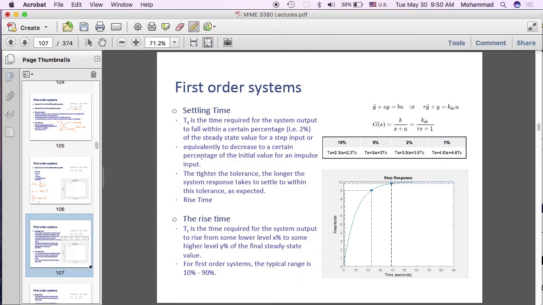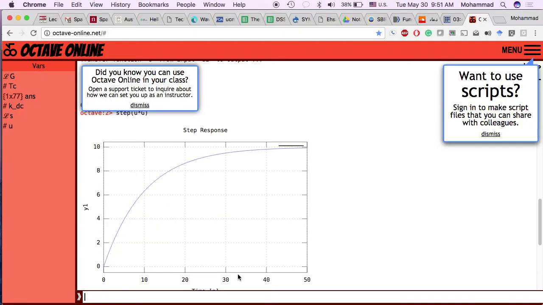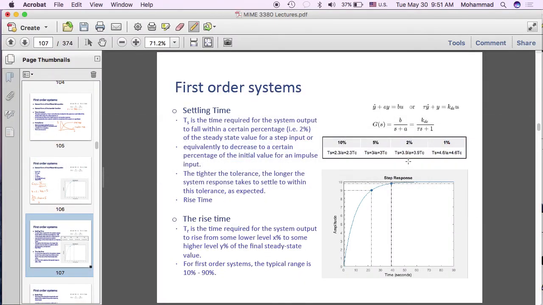Now the table further says if your goal is to get to the 5% vicinity, which is 9.5 in our example, it's going to take you 3 times the time constant. So about 30 seconds. If you want to get to 2%, which is 9.8, it's going to take you 4 times the time constant.